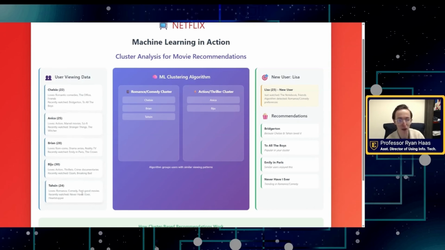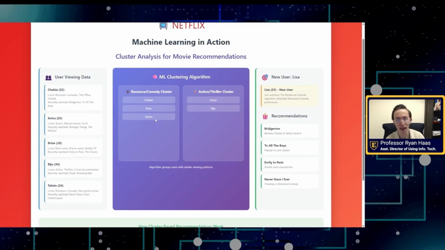We're tracking what they're watching, how much of it, what times of the day they're watching it, and things like that. And then we apply this machine learning clustering algorithm. What it does is create clusters of these people based on their patterns, what they're watching, what they loved.